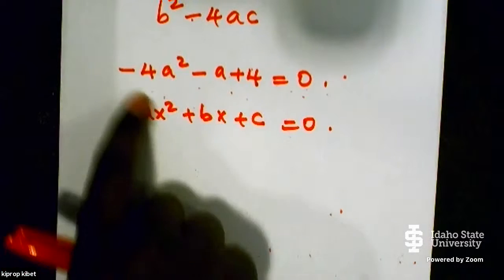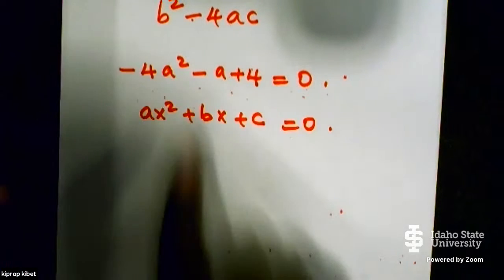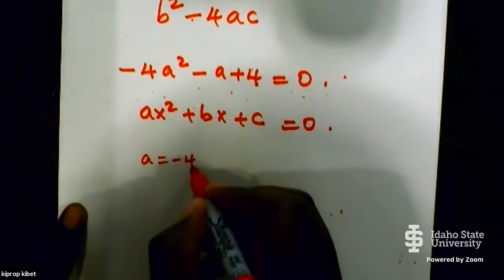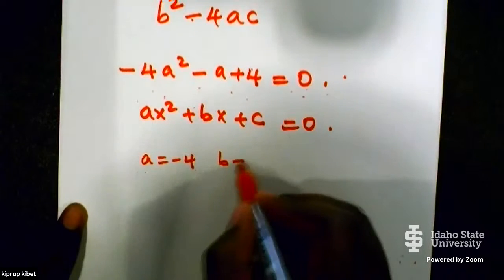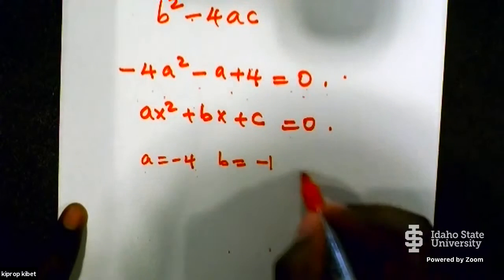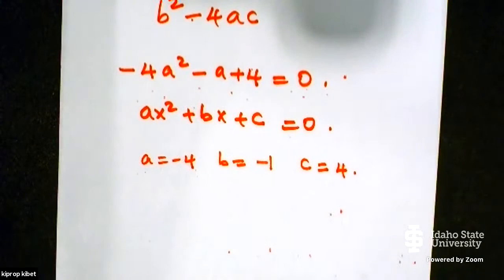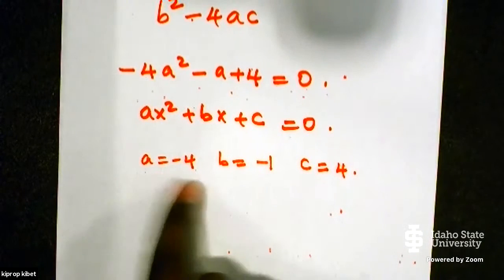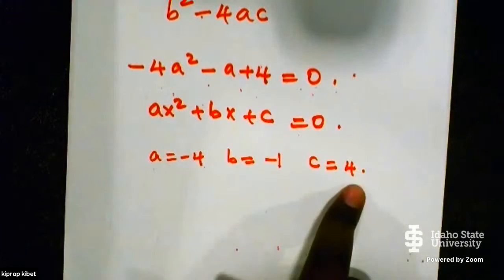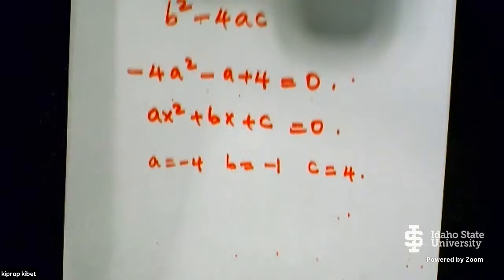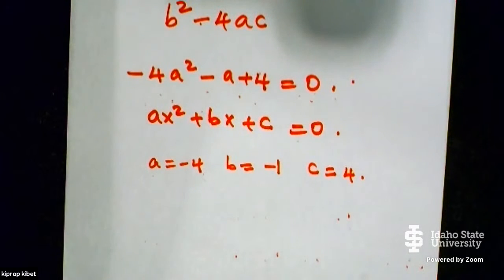So in our case, a equals minus 4, b equals minus 1, and c equals 4. Now you substitute these values into the discriminant to see whether it is greater than 0, equal to 0, or less than 0.